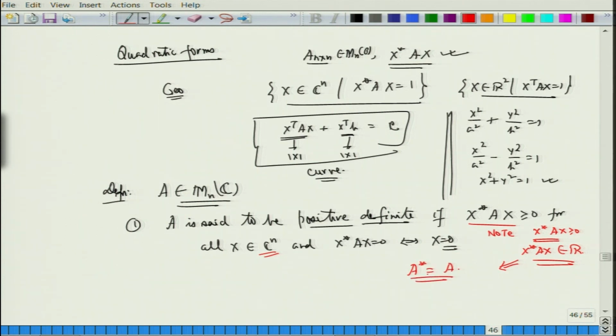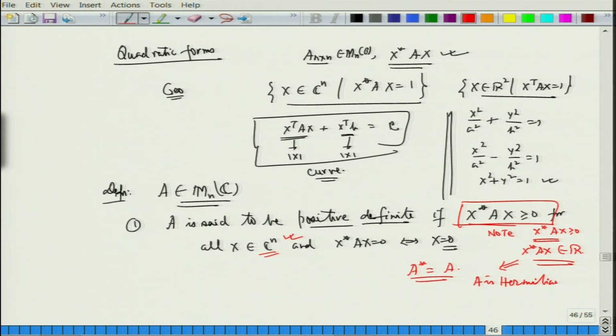When I am looking at Cn over C, I just need to say that this is greater than or equal to 0. I don't have to put any other condition, because that condition itself implies that A is Hermitian.